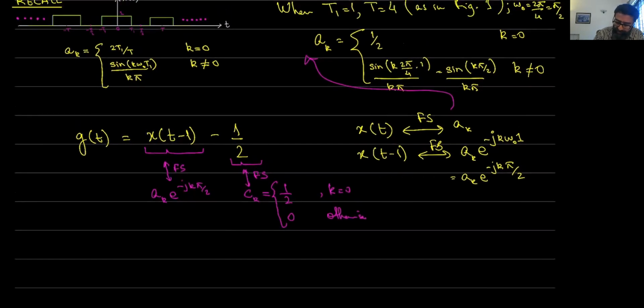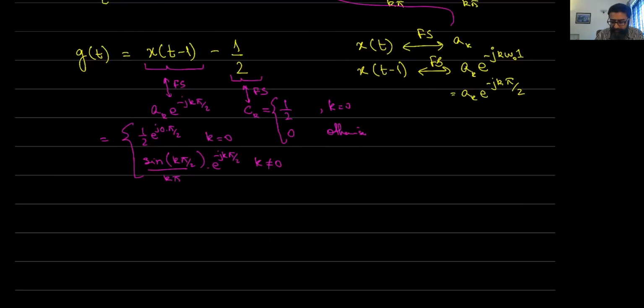And if I plug a_k's into this thing here, these are going to be equal to half times e raised to the power j 0 times pi by 2 when k equals 0, and sine(k pi by 2) divided by k pi times e raised to the power minus j k pi by 2 when k is not equal to 0. So there you have it.